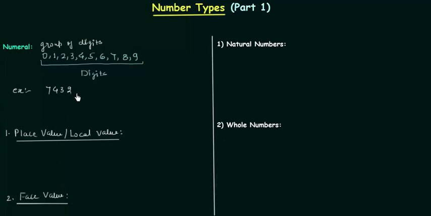Before doing that, let us write down 7432 like this: 7000 plus 4 hundreds plus 3 tens plus 2 ones.